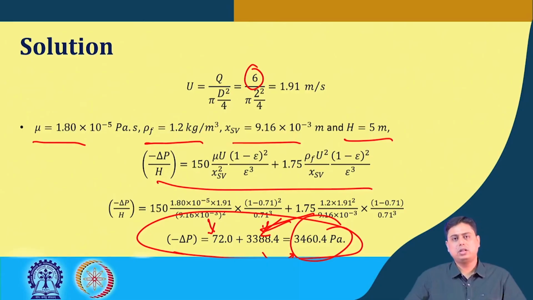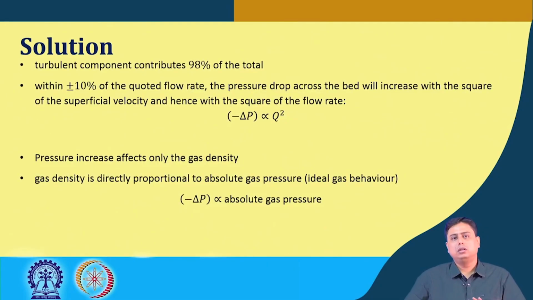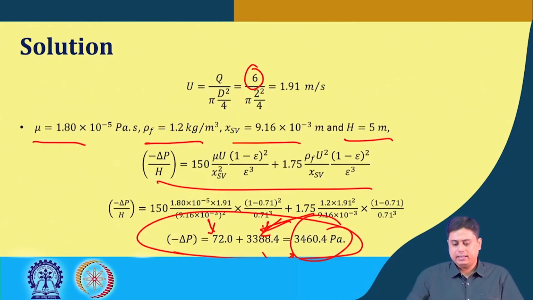Okay. The question was, if we change the flow rate within the 10%, how the pressure drop will vary? The answer is, since it is the turbulent part that is contributing more and more in this expression, and you can see it is 98%.